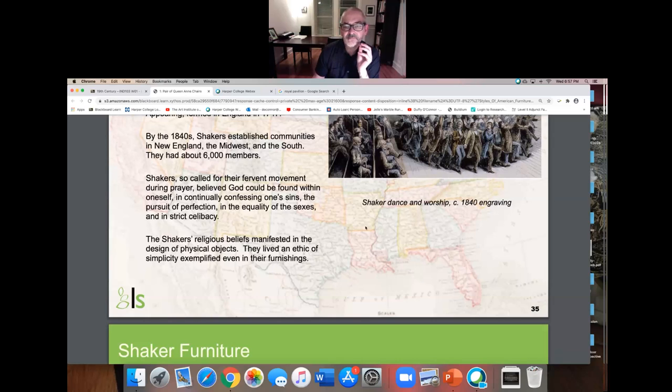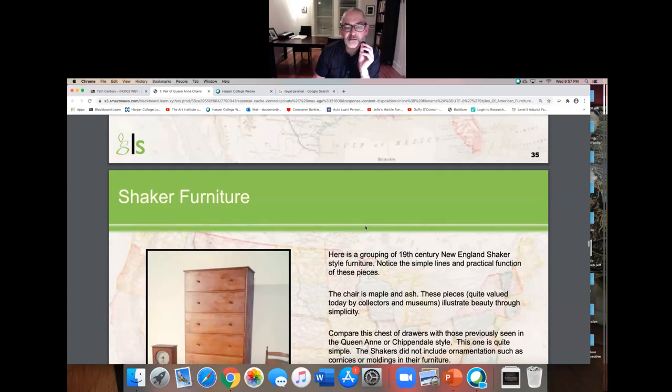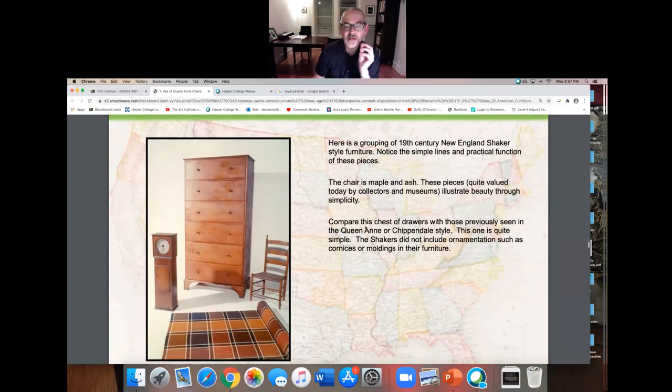One of the things about the Shaker philosophy or their practice of religion that led them to this kind of furniture is modesty and simplicity. Decorative ornament was considered to be showy, arrogant, prideful, and that's something they specifically were rejecting.